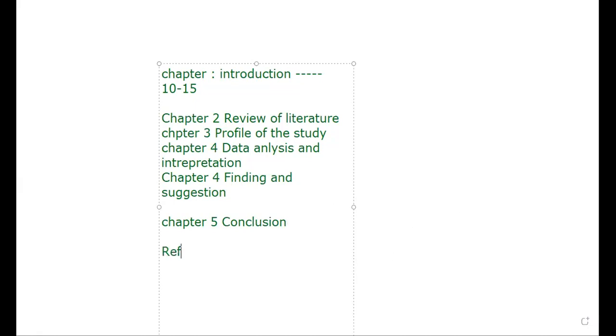After conclusion, references in APA style.